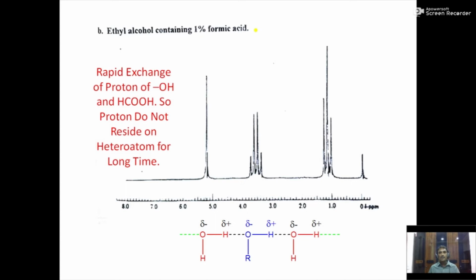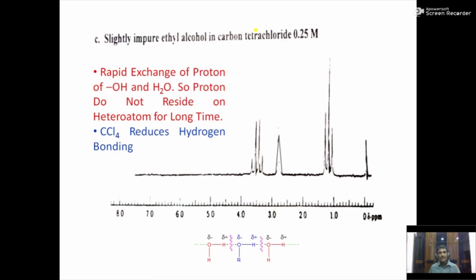Here hydrogen bonding is shown. The hydrogen bonding present in ethanol or alcohols is shown here. You can see that we can break or reduce this hydrogen bonding by addition of carbon tetrachloride. If you break the hydrogen bonding, then you can see that the peak of OH is shifted upfield. The first signal is of TMS, which is taken as reference.